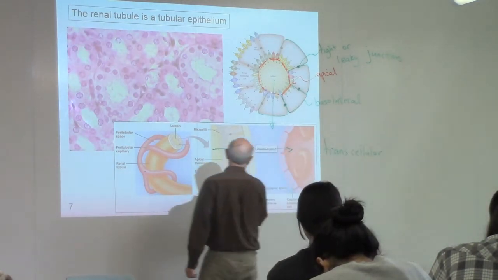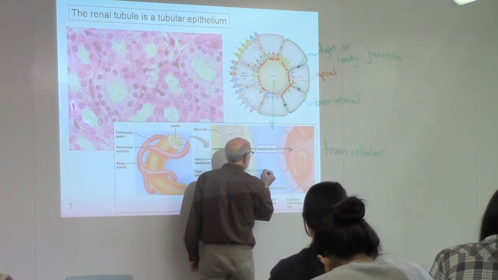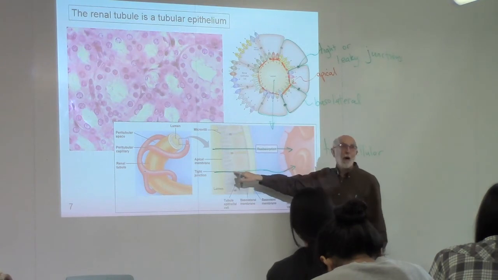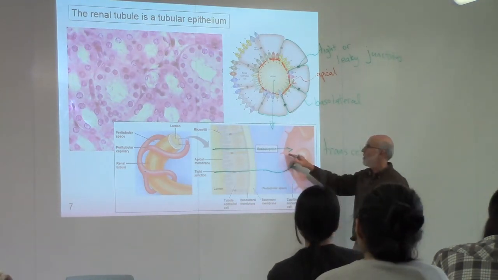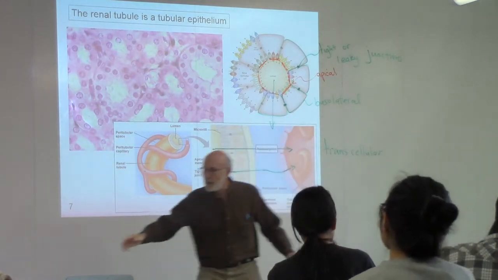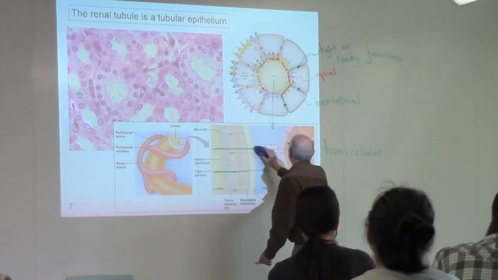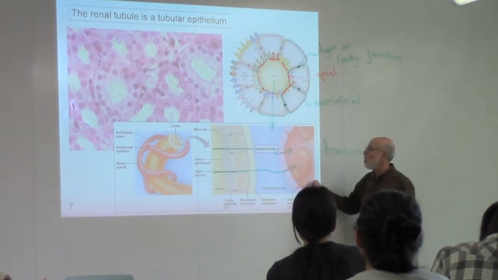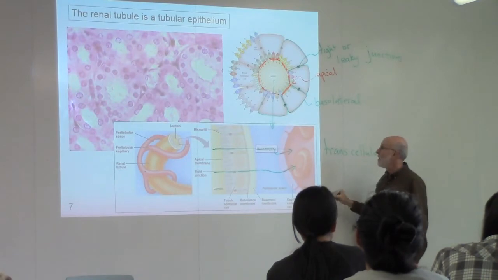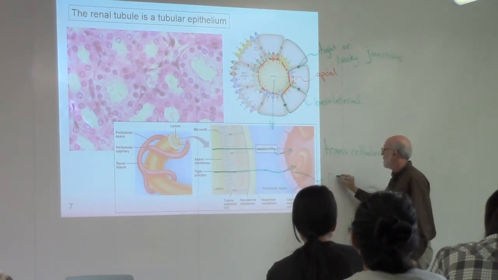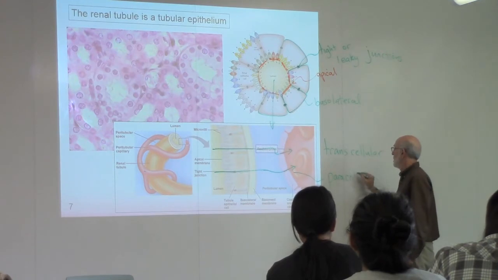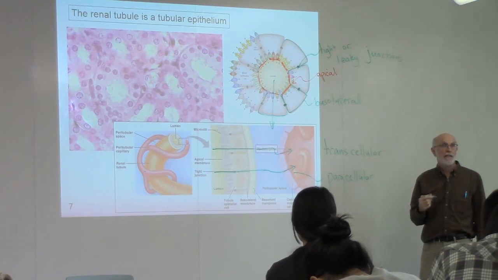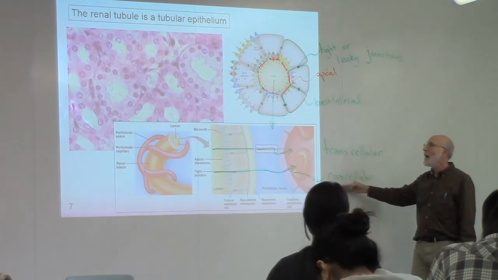There can also be reabsorption around the cells, and frankly, most in the capillary. In the capillary, most of the reabsorption goes around the endothelial cells, and this is called paracellular. Transport around the cells, through the cells, around the cells.